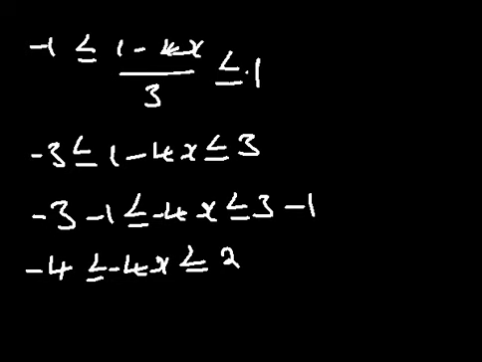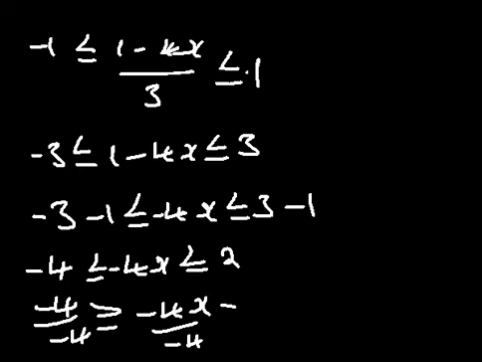Then we have to divide everything by negative 4. Mind you, as we divide everything by negative 4, the inequality symbols also have to change to the opposite. So we have negative 4 over negative 4 greater than or equal to negative 4x over negative 4 greater than or equal to 2 divided by negative 4.